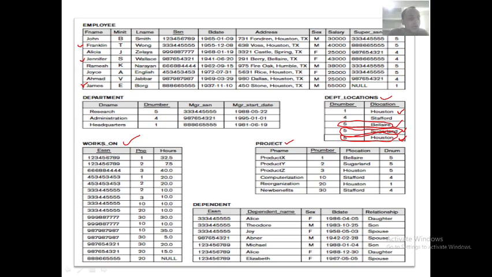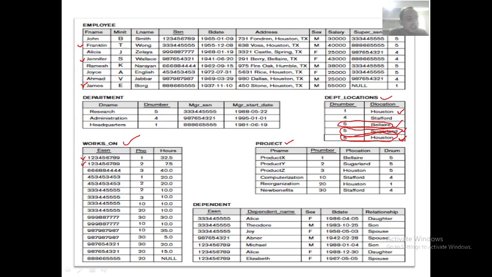If you take only ESSN as a primary key, then here is the same value and here also the same value. So what is the primary key? It should be unique. So only ESSN will not form a primary key.